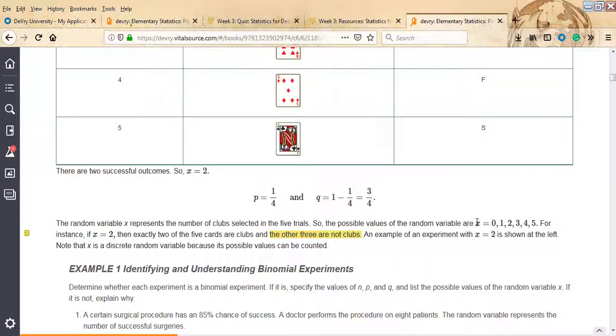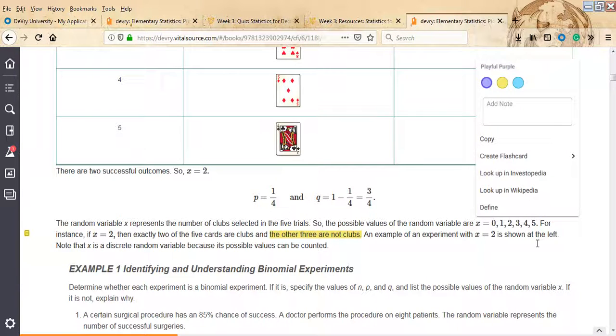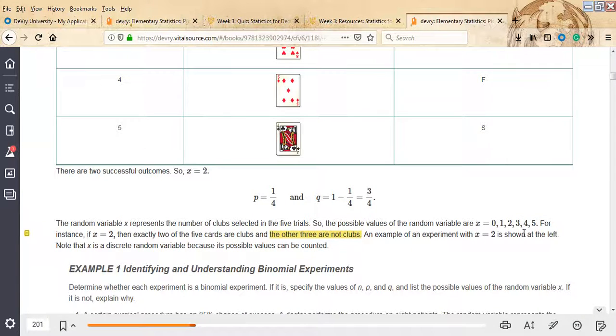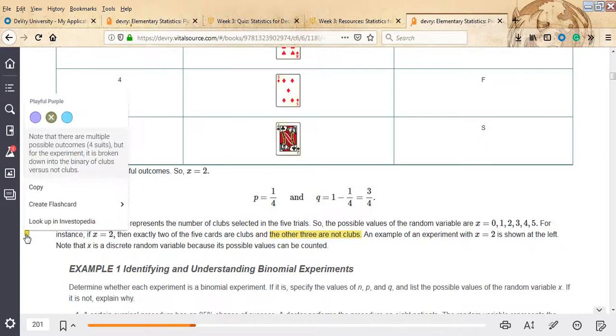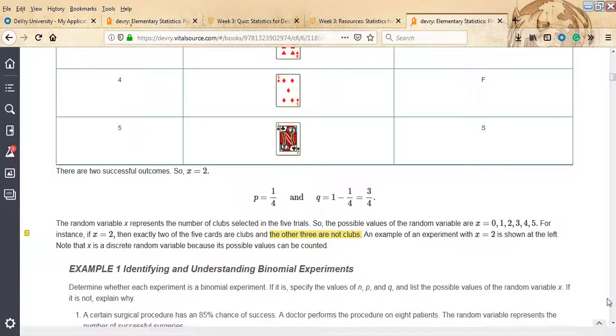So again here, when we look at the range of values that x could be, it's 0, 1 through 5. For instance, in our case, we have x equals 2, because in our experiment, 2 were clubs and 3 are not clubs. So the note here, what did I say? Note that there are multiple possible outcomes for suits, but the experiment is broken down into the binary of clubs versus not clubs. Covered that.